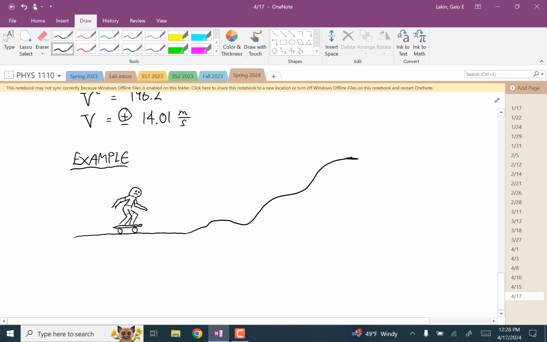So say this skateboarder is moving along the flat and is heading towards a hill. And we want to know how fast the skateboarder needs to be moving to get to the top of this 2-meter tall hill.